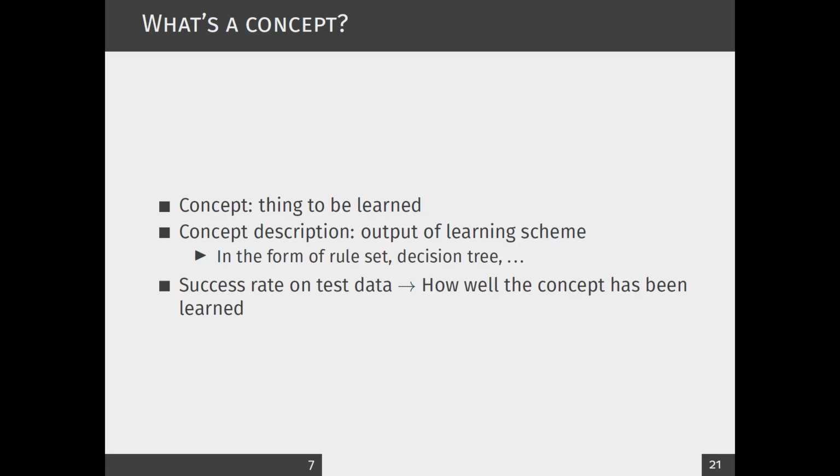Simply, you can say that it is the thing to be learned. So the description you get for the concept, we call it concept description, is the outcome of the learning algorithm. We are going to talk about some learning algorithms in coming sessions. For example, it could be a rule set or a decision tree, which actually describes your concept.